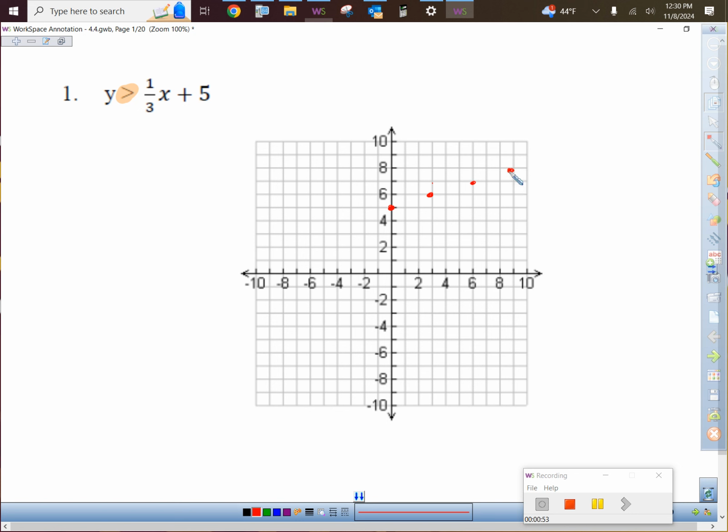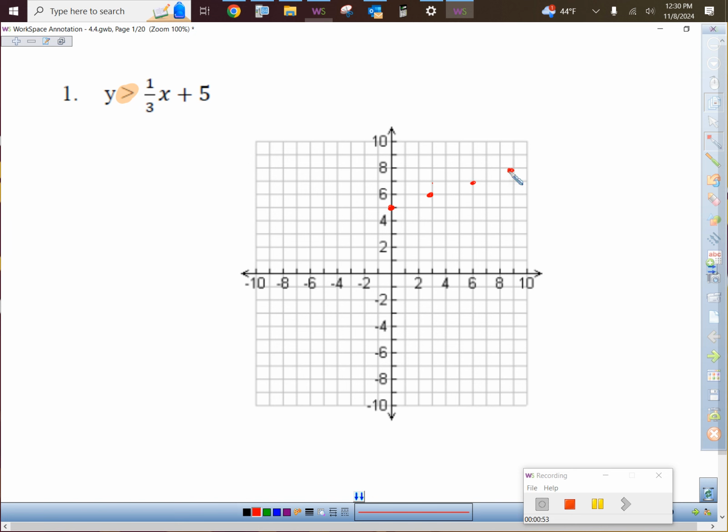But here's the trick, right? If this was an equation, we would connect those together with our straight edge, nice and solid. This is not an equation. This is an inequality. I have one question for you about this symbol. If you were doing it on a number line, would you put an open dot or a closed dot? That is an open dot scenario because it doesn't have the little equal to bar. That means that point on the number line didn't count.